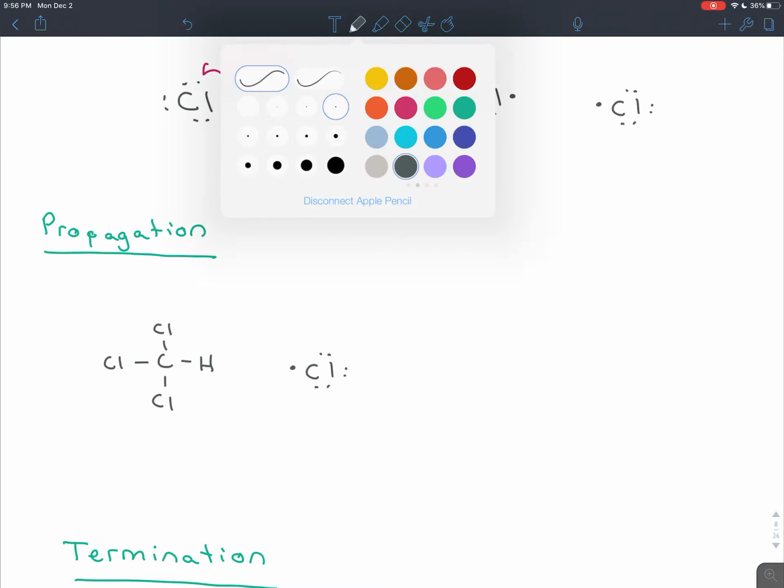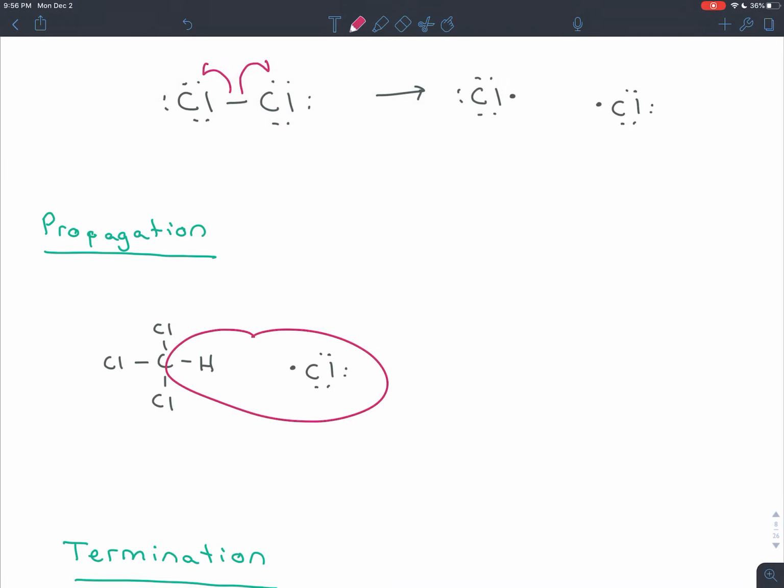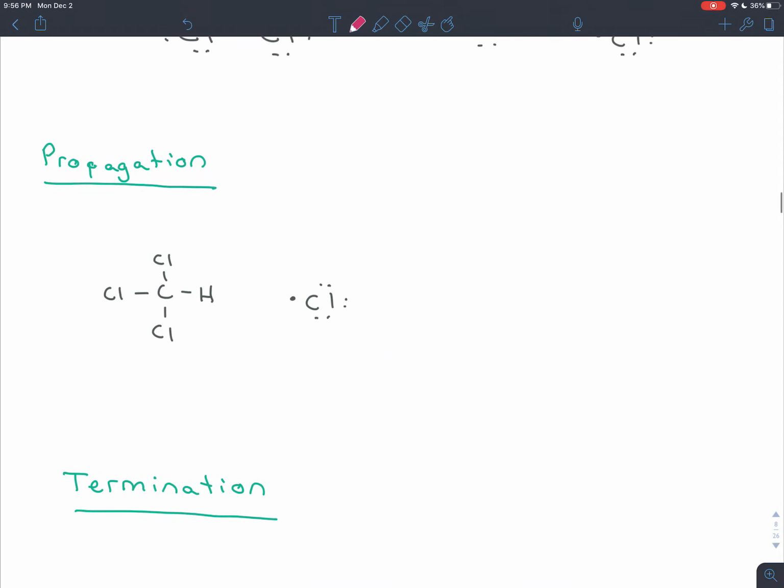So the radical is going to steal a hydrogen, or if you want to be really fancy, you could say it will abstract a hydrogen. It'll steal a hydrogen off of the carbon chain. And so you're going to form a new bond between this chlorine radical and the hydrogen in the propagation step. Anytime you form a new bond in a radical reaction, you use a fishhook arrow, and the fishhook arrow points to the space where the new bond is forming.